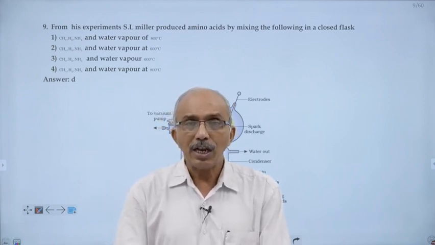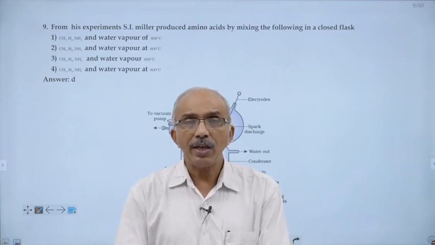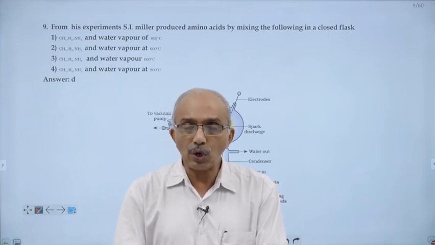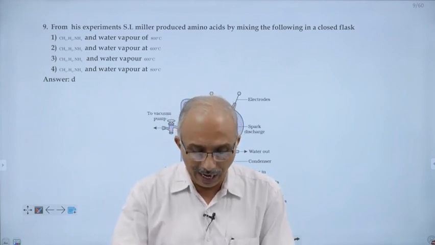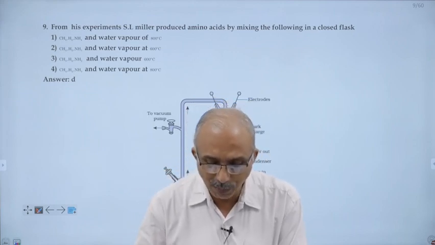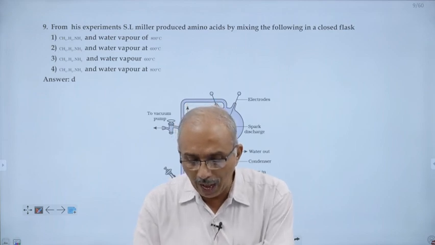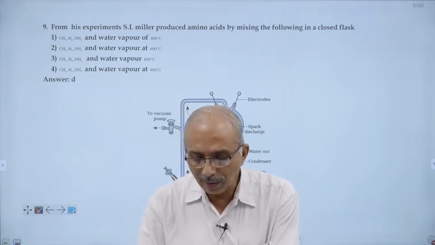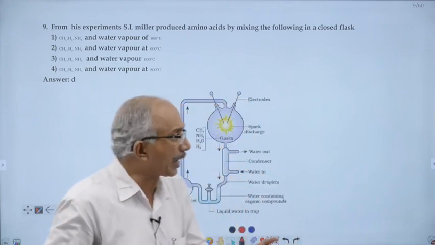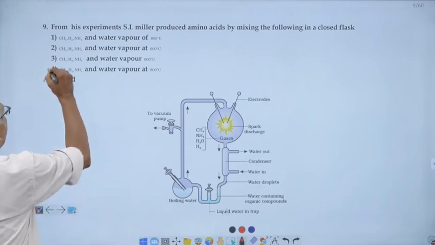That is, life originated from non-living organic molecules after chemical evolution. From his experiment, Stanley Miller produced amino acids by mixing the following in a closed flask. The answer here is D.